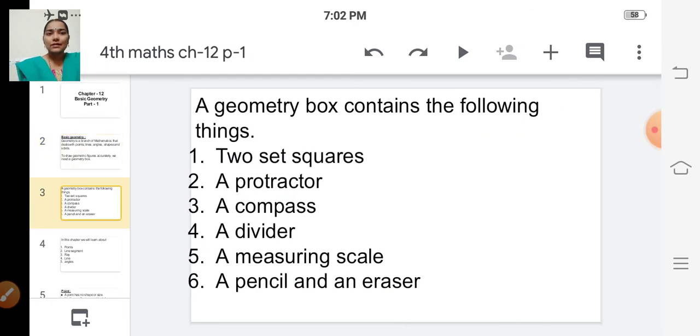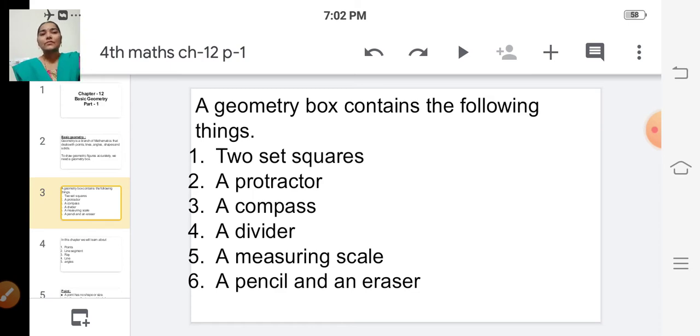A geometry box contains the following things: two sets of squares, a protractor, a compass, a divider, a measuring scale, a pencil and an eraser. So to draw any geometrical shapes or figures accurately, we need all these things.